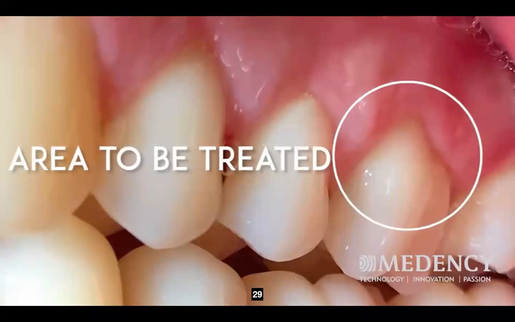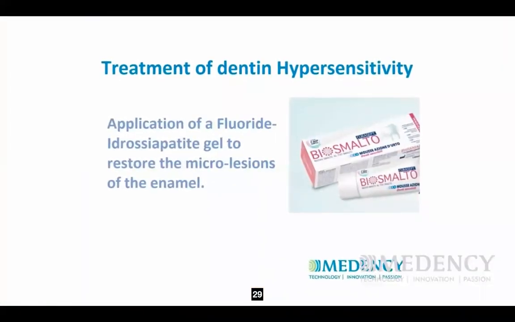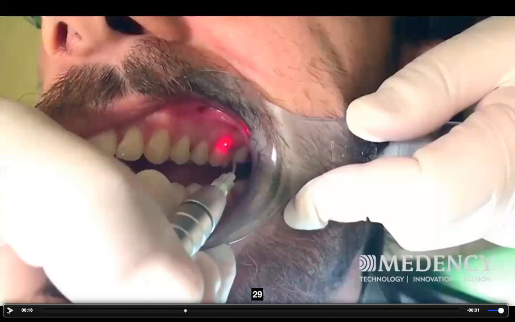Little portion of the crown is exposed. So basically, you're using a fluoride gel, which is already gonna come in contact with saliva and lead to production of more calcium and phosphate that will cause remineralization and clog the dentinal tubules.